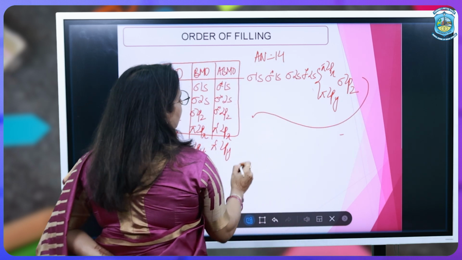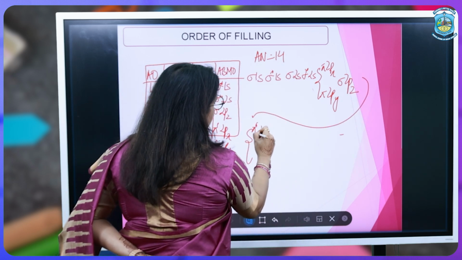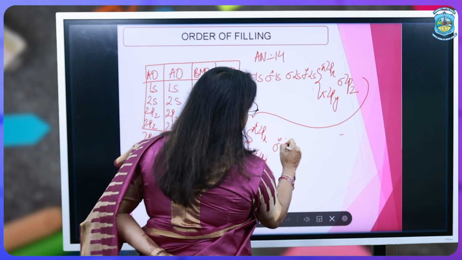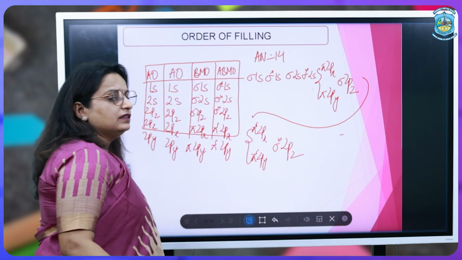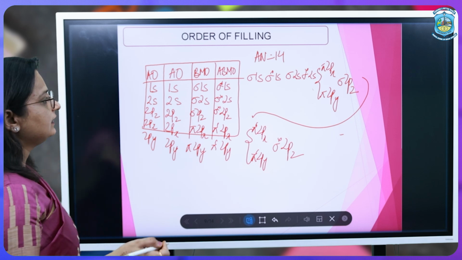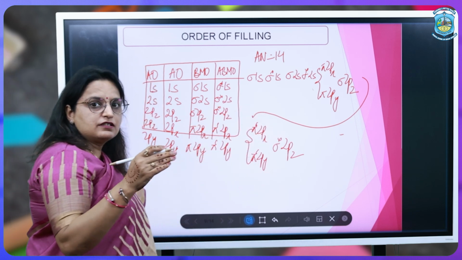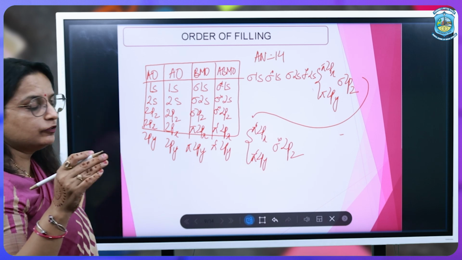Then we have anti pi 2px, anti pi 2py and anti sigma 2pz. So in this order we are going to fill the electrons in the molecular orbitals. This order is valid till atomic number 14.